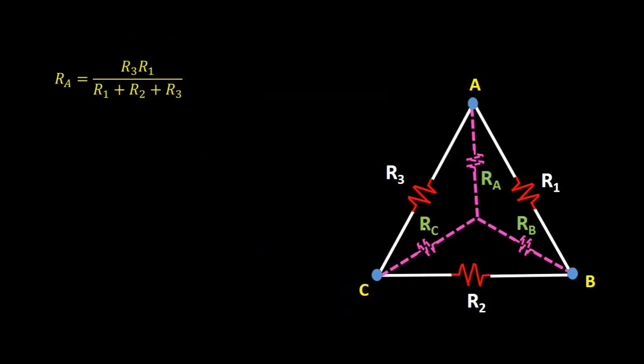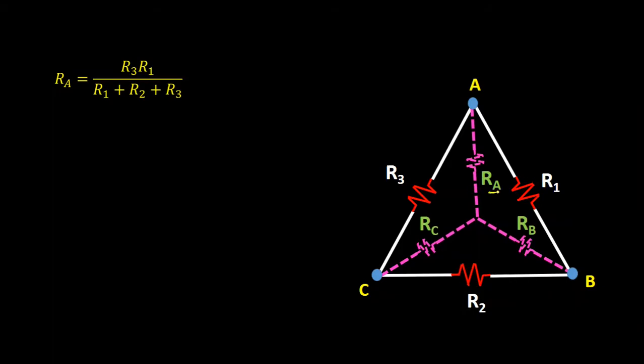So we can find out directly from the circuit these equations of RA, RB and RC. To find it, we draw a star connected network inside this delta connected network. So what is RA? We have to find out this RA.